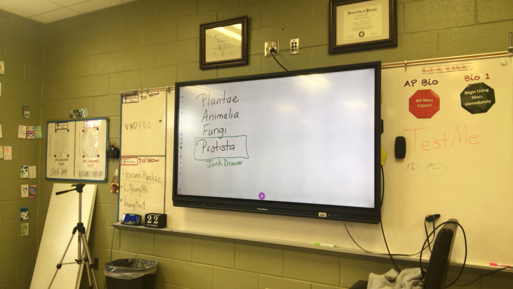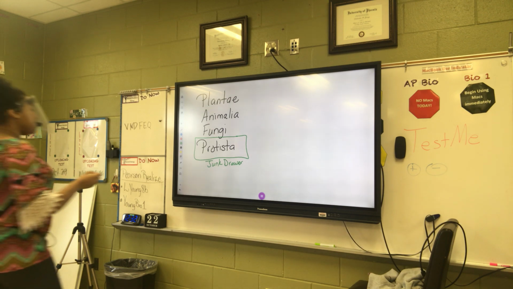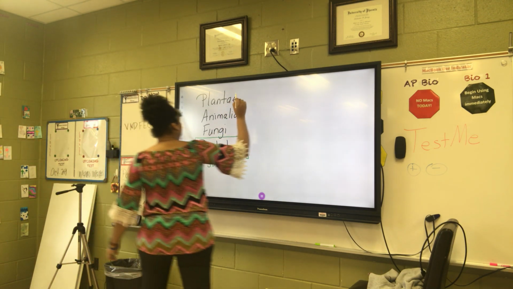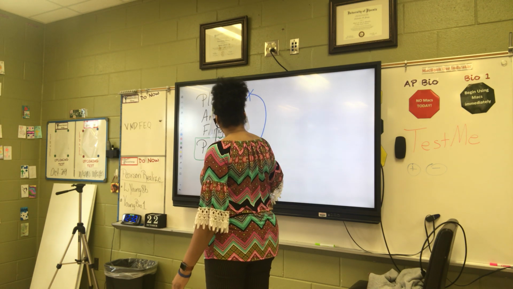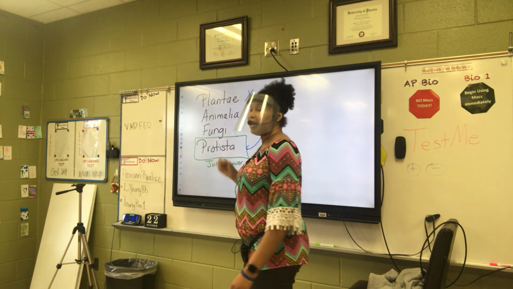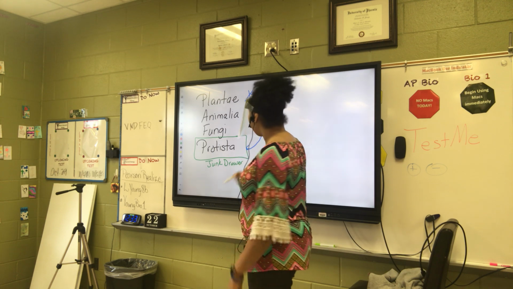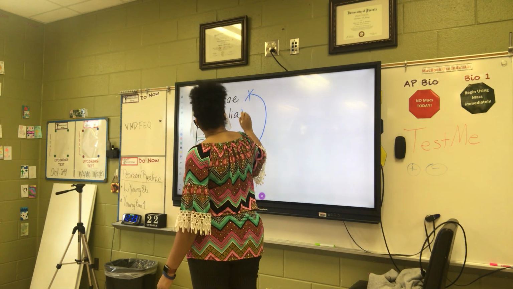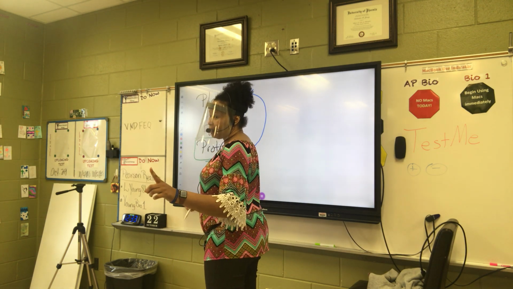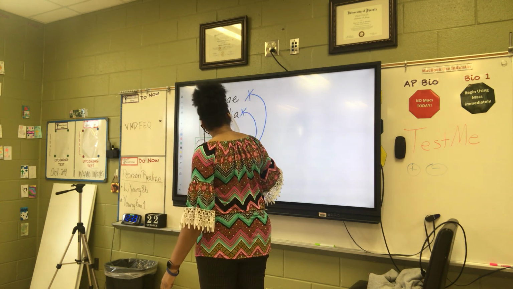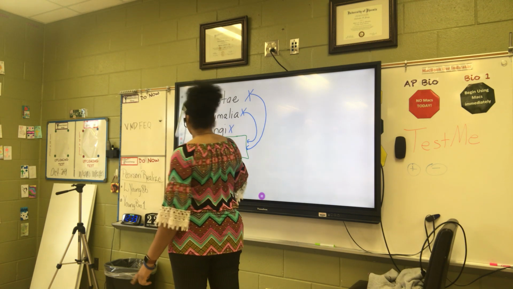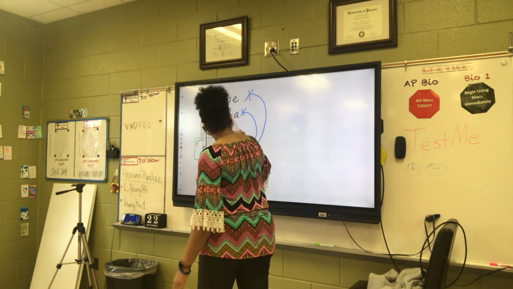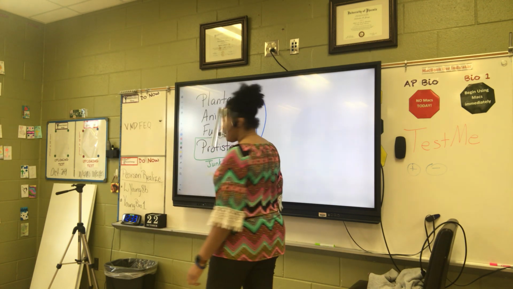Why is that a kingdom? Because anything that was plant-like but wasn't a plant, so it couldn't go in the plant kingdom, they put here. Anything that was animal-like but wasn't an animal, they put here. Anything that was fungus-like but wasn't a fungus, they put here.